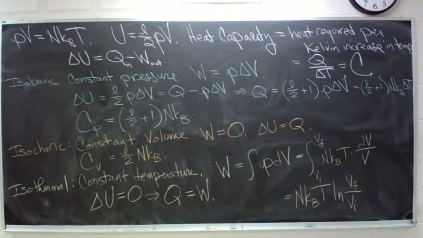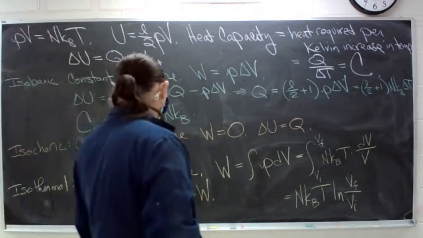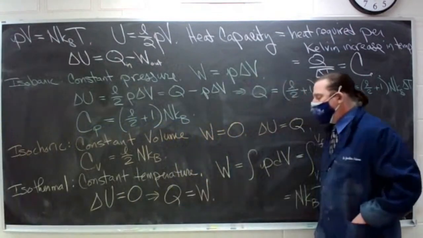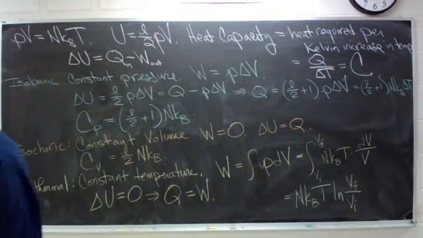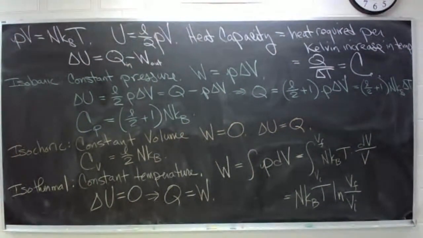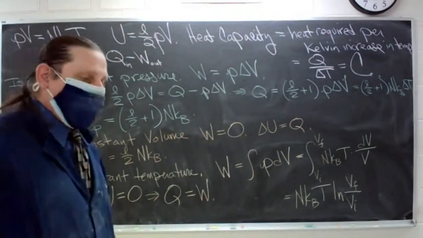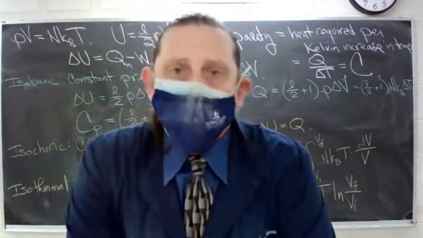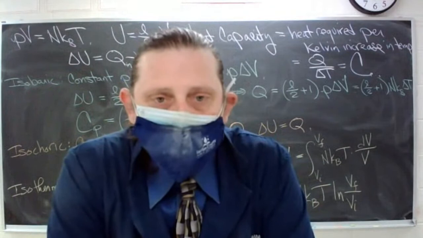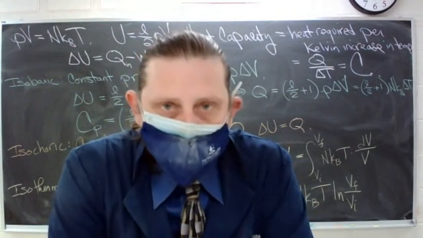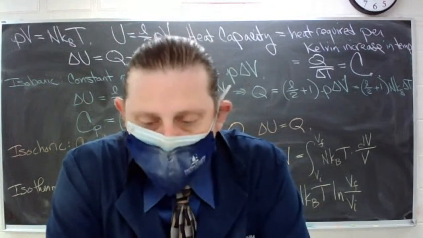So the heat that is input during an isothermal expansion is all changed into useful work. In this sense, an isothermal expansion is a 100% efficient process. All of the heat absorbed by the gas is turned into useful work.